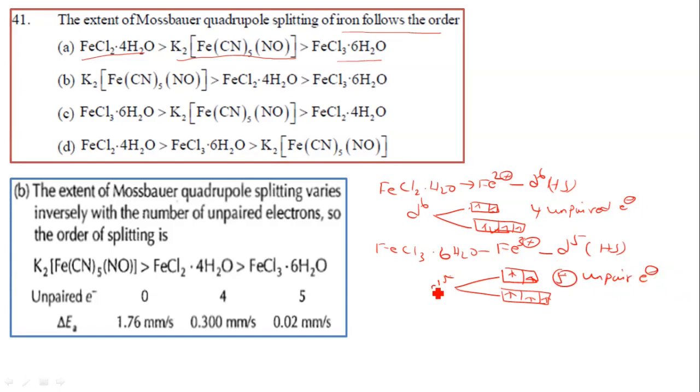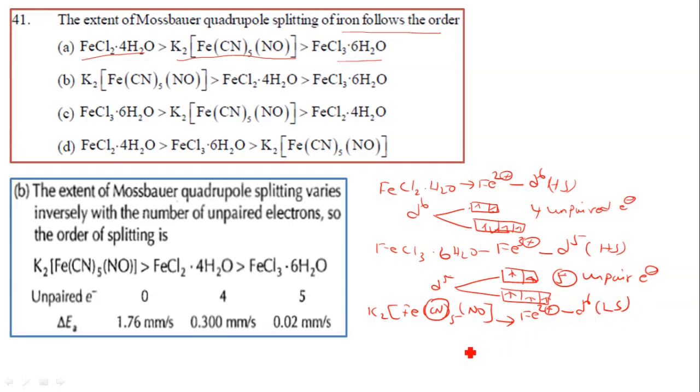In the case of K2[Fe(CN)5NO], this is Fe2+, d6, but due to the presence of cyanide ion CN, it's a low spin complex.